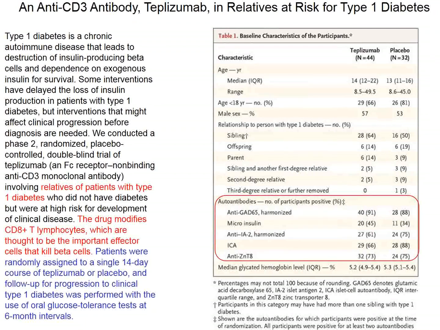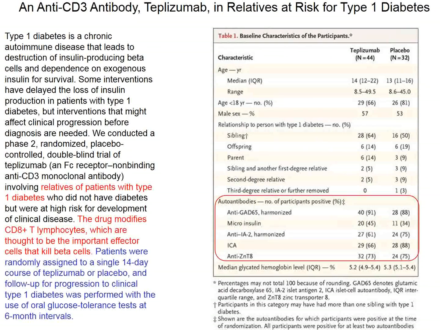So these first-degree relatives were recruited, and 88% of them already had antibodies against glutamic acid decarboxylase 65, which is probably the most common target that we see in patients that have autoimmune-mediated type 1 diabetes.